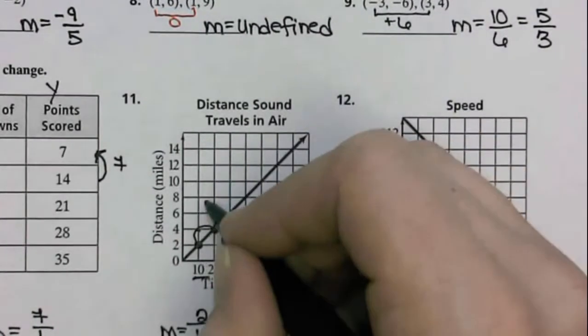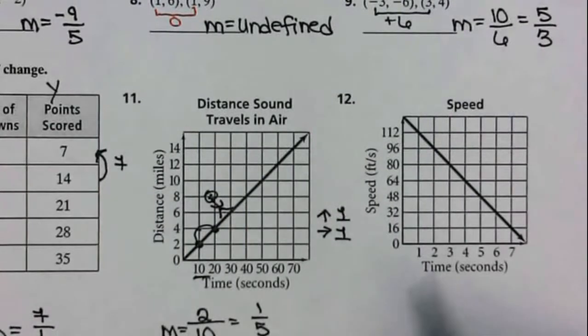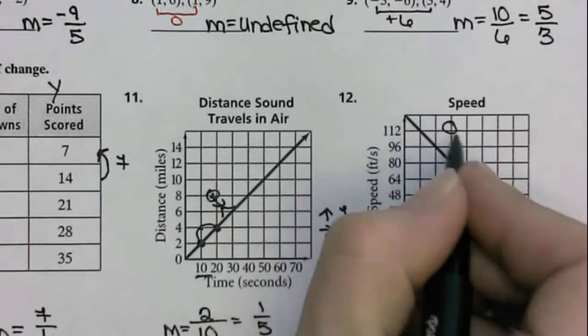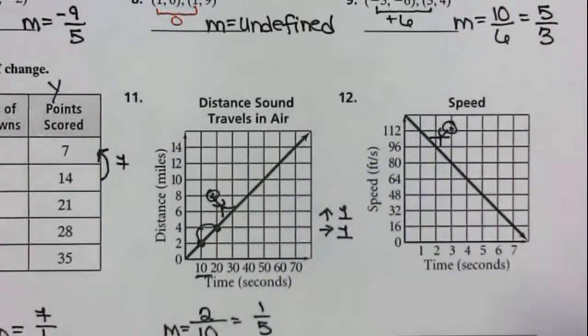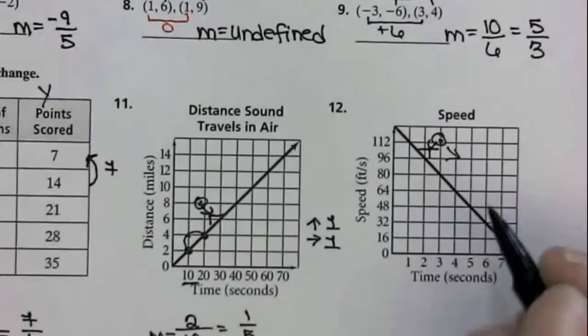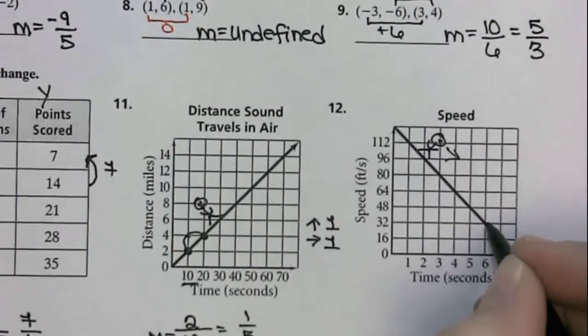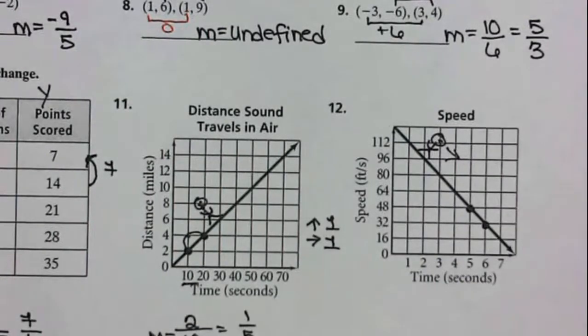And remember, if I'm walking from left to right, this guy's going uphill, so my slope is positive. And now if I'm walking from left to right here, I'm going downhill, so I know my slope's going to be negative. Alright, we're counting by 16s and we're counting by 1s. So two clear points.